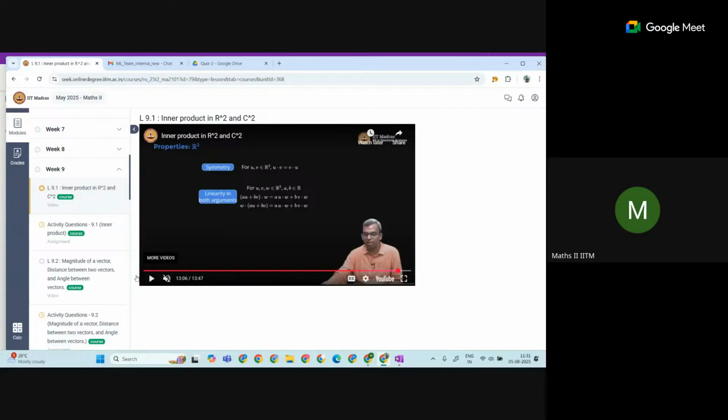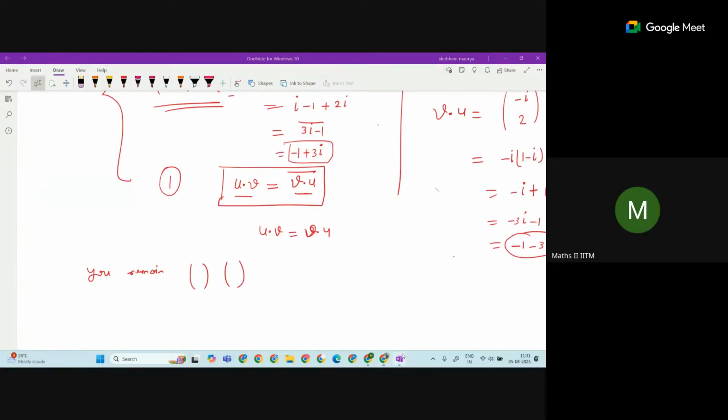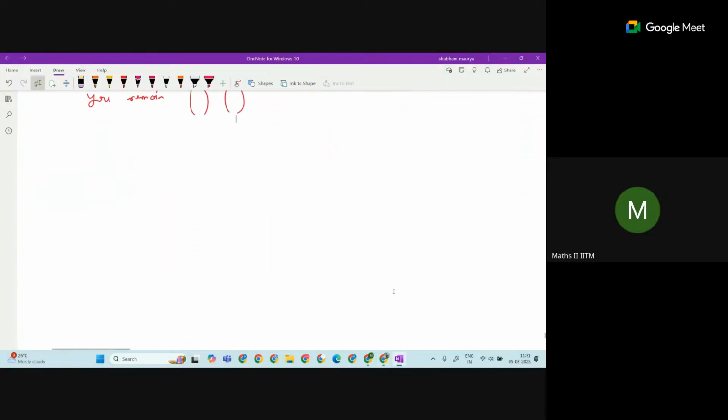Now let me move to the next concepts. So this is the definition of the dot product, in R2 and C2. These two are different now, but for the rest I will not distinguish.